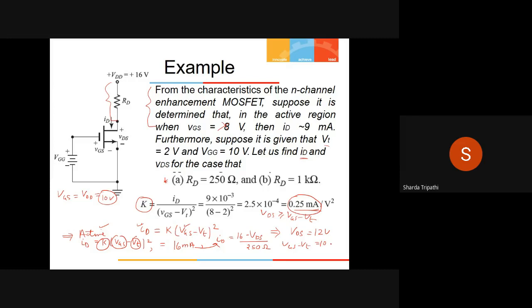VGS is 10 and VT is 2, so this is equal to 8 volts. So since 12 volts is greater than 8 volts, we say that the active region assumption is correct. Therefore, the final answer to this question is ID is equal to 16 milliamperes and VDS is equal to 12 volts.